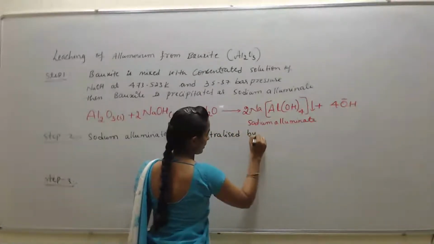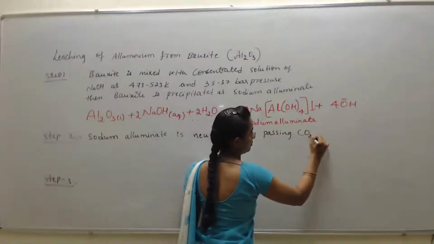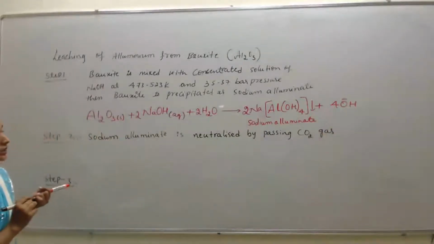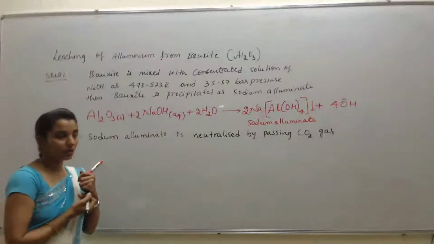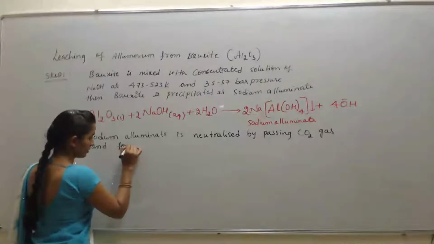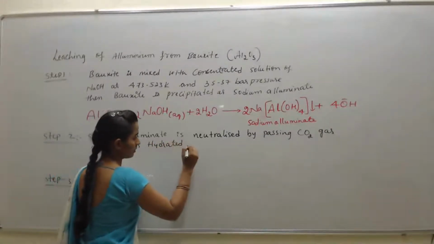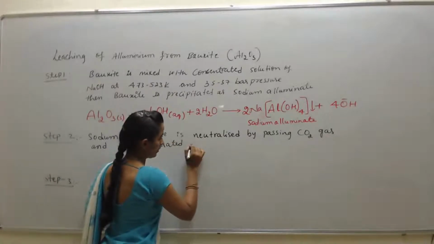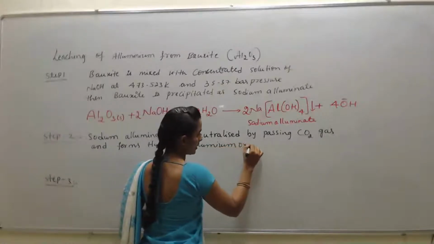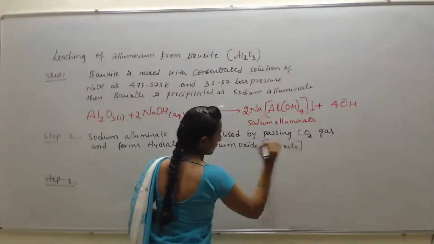Sodium aluminate is neutralized by passing CO2 gas and forms hydrated aluminium oxide, that is bauxite again.